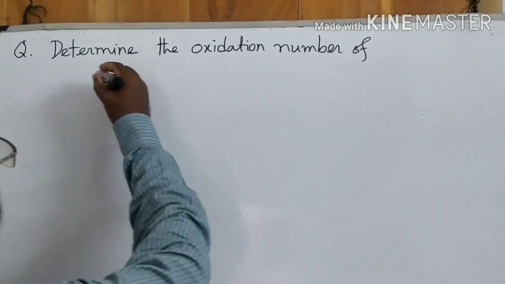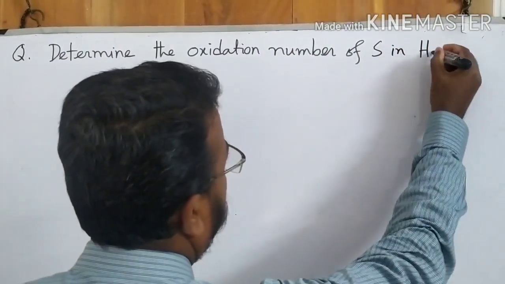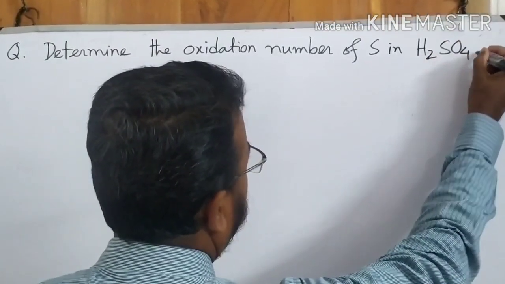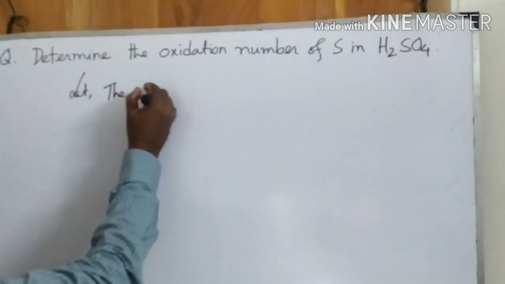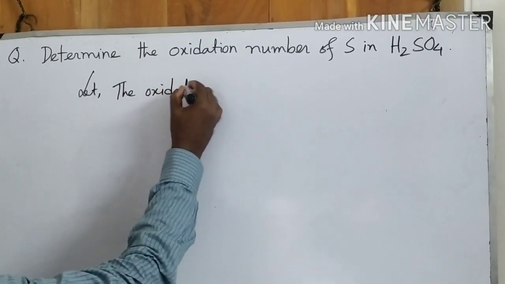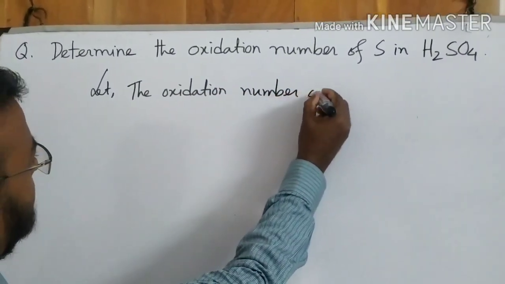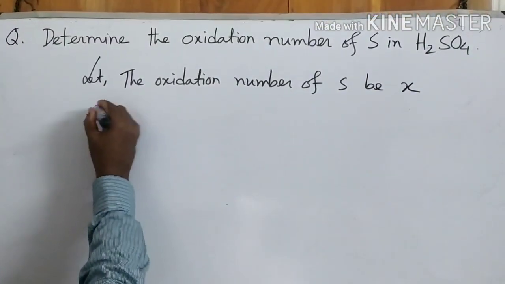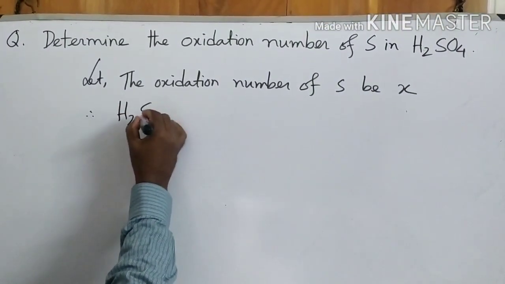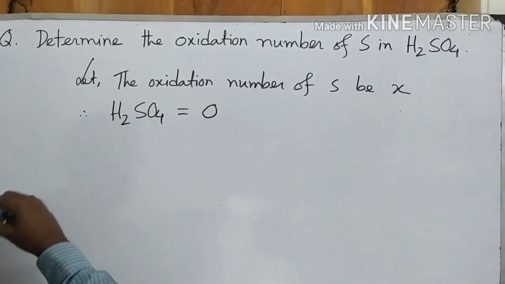Okay, now next question. Determine the oxidation number of sulfur in sulfuric acid. It is H2SO4. Okay, so same way, let the oxidation number of sulfur be X. Therefore, we know that in a compound the total oxidation number is 0.